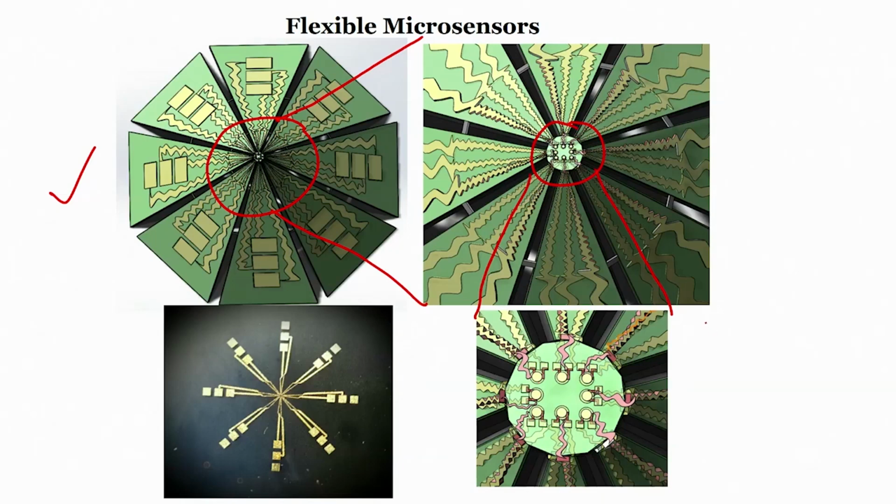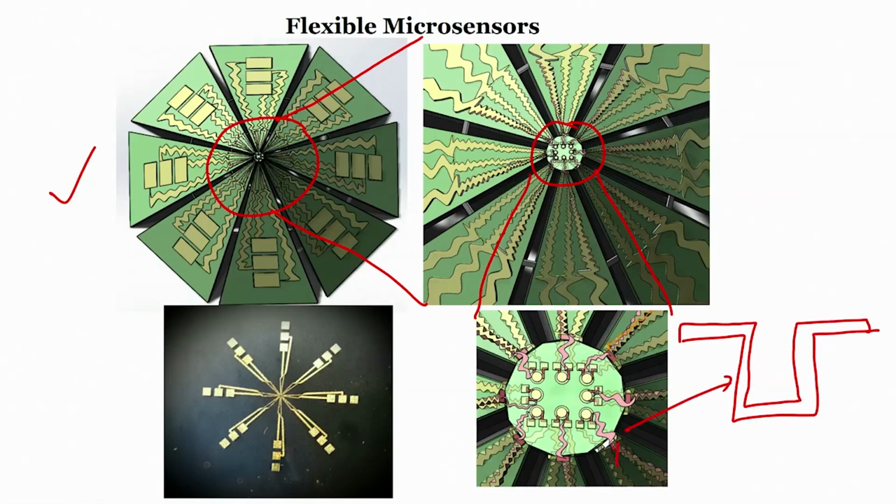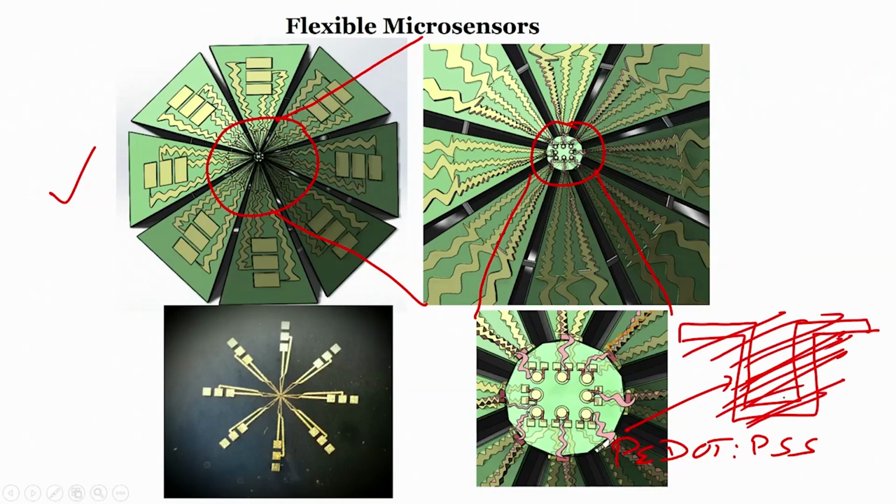What does it have? It has a strain gauge, alright. Let me draw a slightly bigger strain gauge, so that we understand. And this strain gauge is made up of piezoresistive material. We can use the conducting polymer PEDOT:PSS. On this strain gauge there is an insulator.